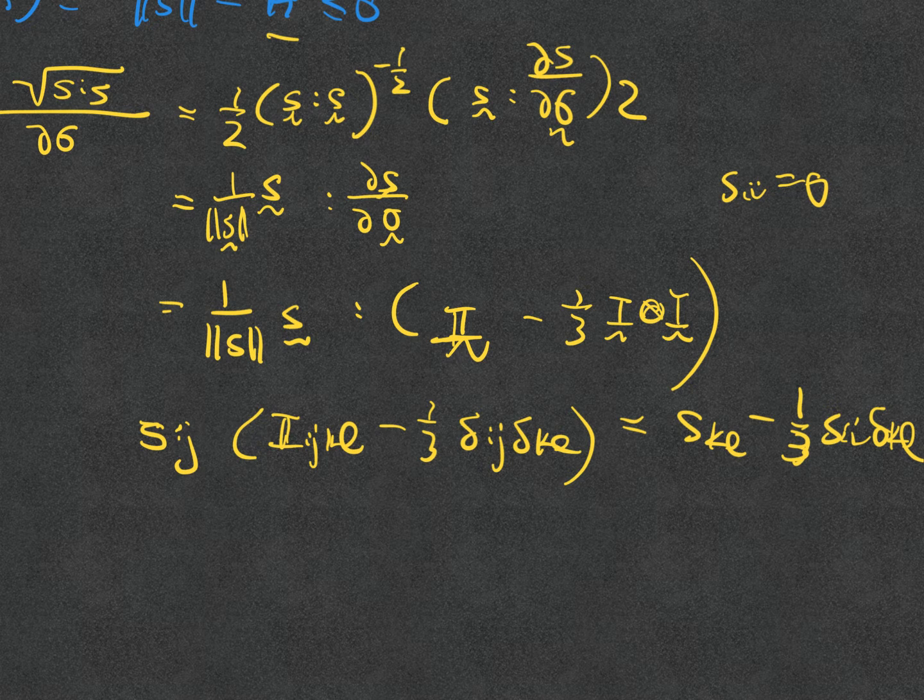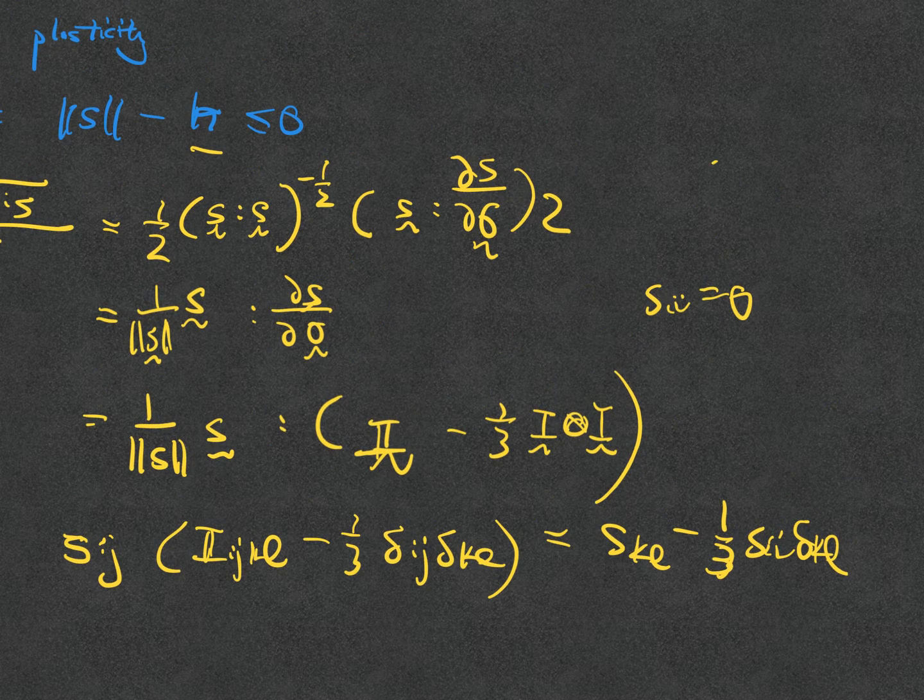Okay, why is that? Because it's the deviatoric stress. It's coming from the Cauchy stress, taking out the mean stress. So if I take out the mean stress, it has to be equal to 0. Anything from the mean is already taken out. Okay, you understand what I mean? So S_ii is equal to 0, because by definition, S is equal to the total stress minus 1/3 of the trace of the stress.